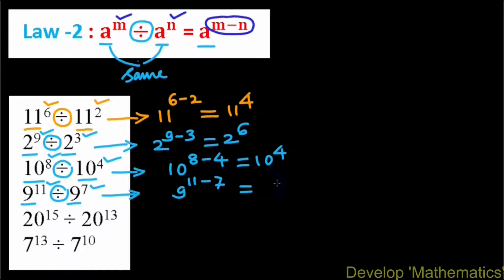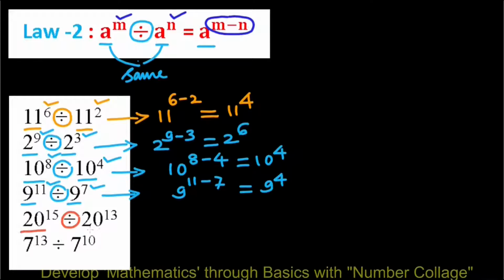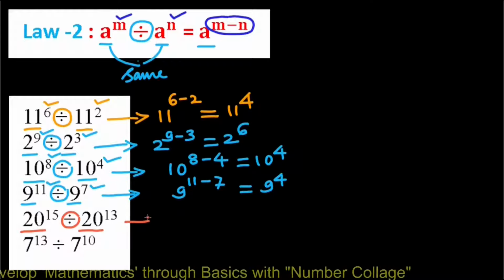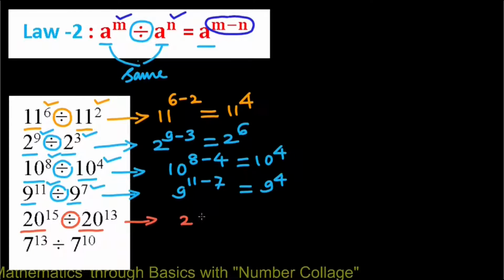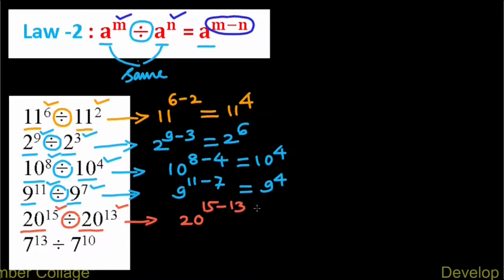So that will be 9 raised to 4. There is division sign between the two numbers and the bases are same. So we have to raise the same base 20 to the subtraction of the individual powers 15 minus this 13. So that will be 20 squared.